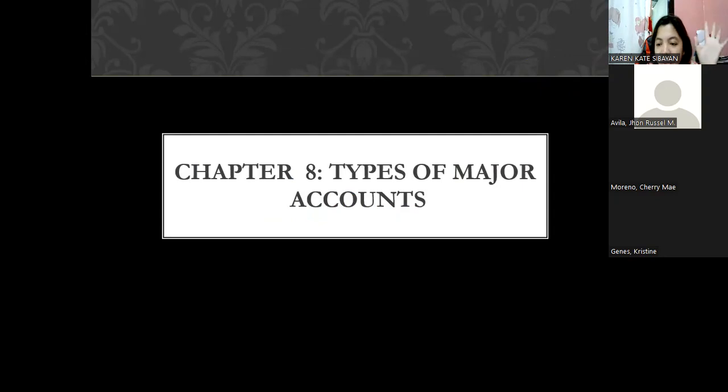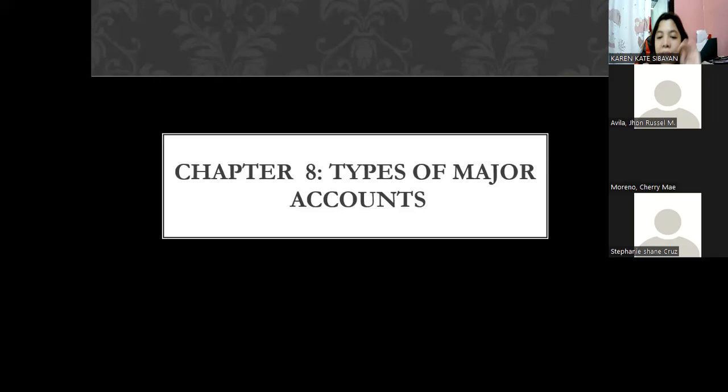Bitin ko, what is the accounting equation? Assets should be equal to liabilities plus owner's equity. Under the owner's equity, we have the what? Revenue, expenses, capital. Tandaan yun ha.